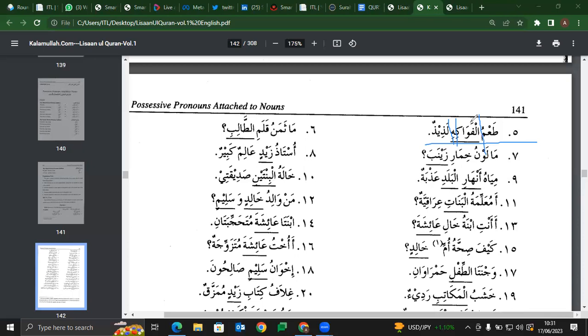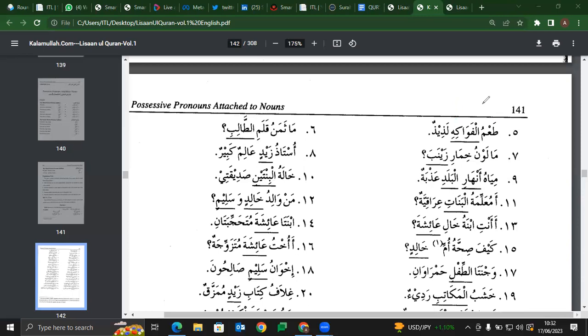Now here the question that I'm asking is this ha here, is it referring to ta'amu or what is it referring to? Ta'amul fawakihi. It is referring to fawaki, right? Now, to be honest, I'm a bit confused here because it doesn't make sense. That's not how Arabic works.